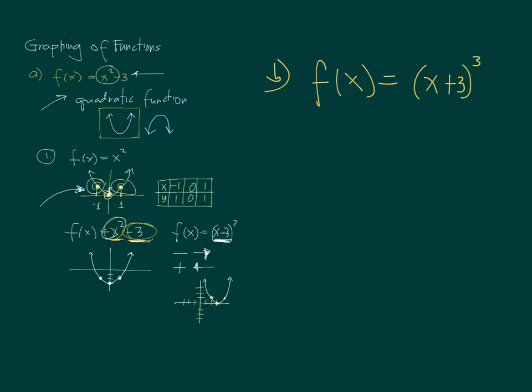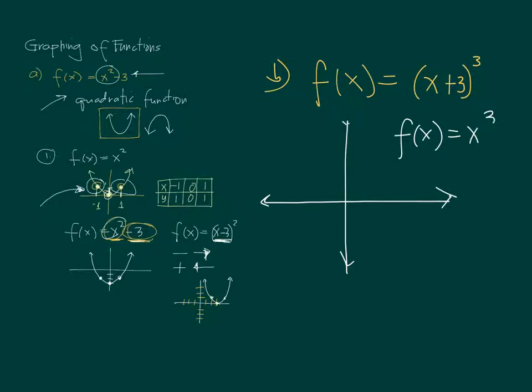Now the good thing about my explanation for the quadratic function is that all the things that we did to get the graph of x squared minus 3 will be similar to how we will graph x plus 3 cubed. So the key is to know the graph of the basic cubic function, and that is f of x equals x cubed. And from x cubed, we will know how to move the graph given that we have x plus 3 cubed.